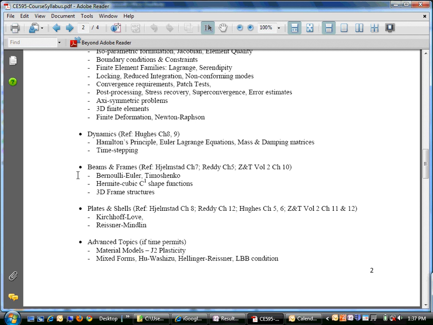Just a hint: beams and frames, plates and shells, these both are structural theories. And I was telling you last time, when we make a kinematic assumption, when we assume that our body is going to deform in a certain way, and then we try to calculate back what the equations look like, that is all structural mechanics.